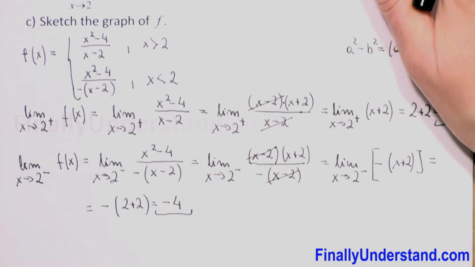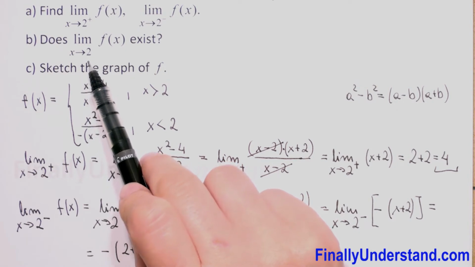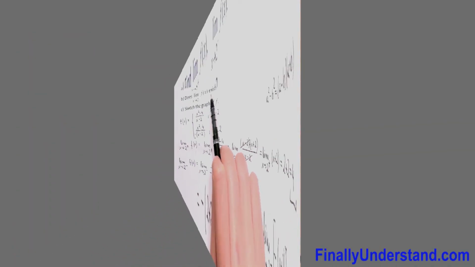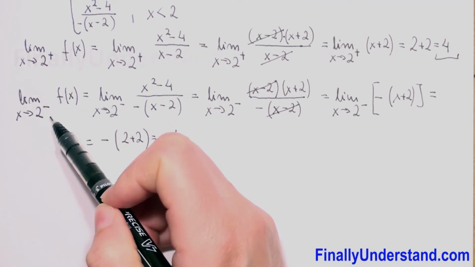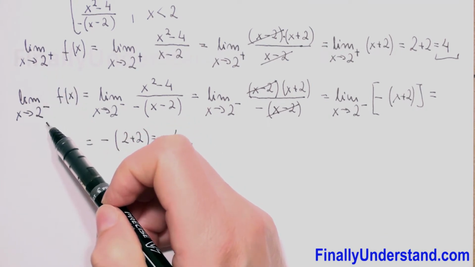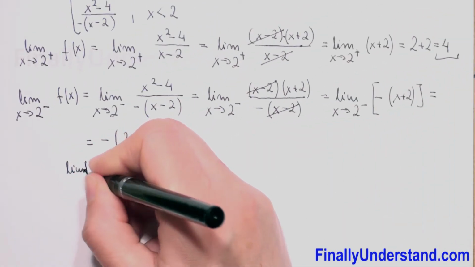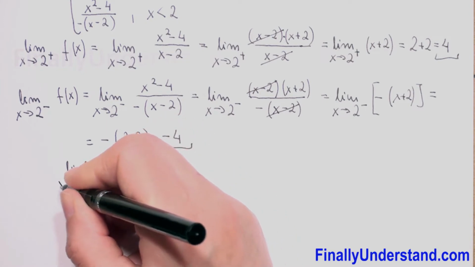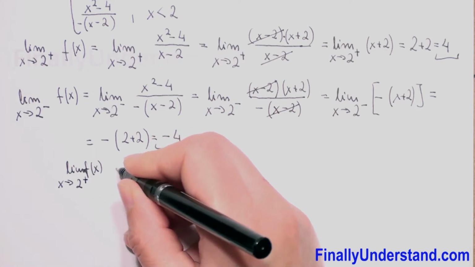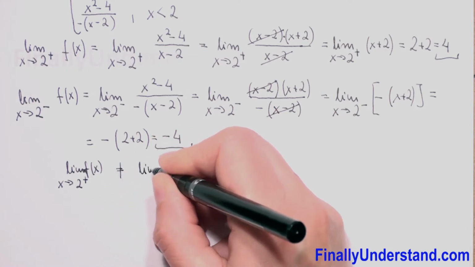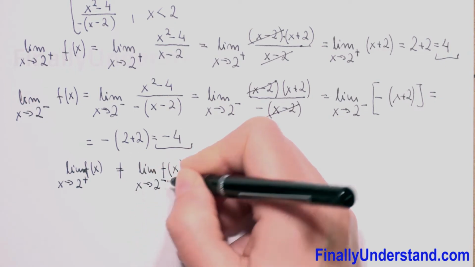The next question is, does the limit as x approaches 2 of f of x exist? We see that the right limit and the left limit are different, because the limit of f of x as x approaches 2 from the right side is different from the limit as x approaches 2 from the left side.